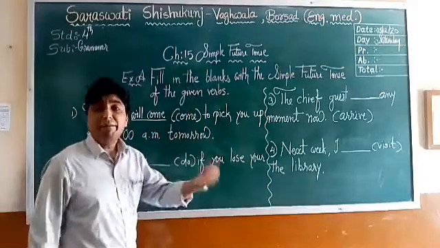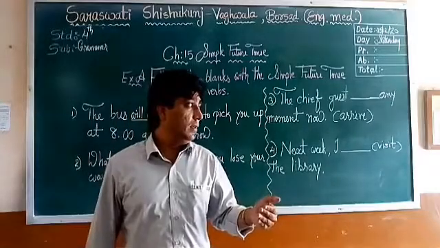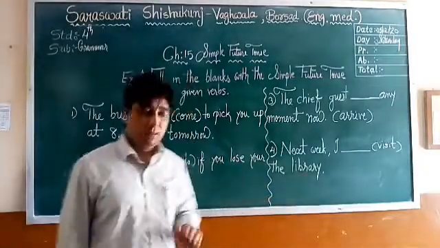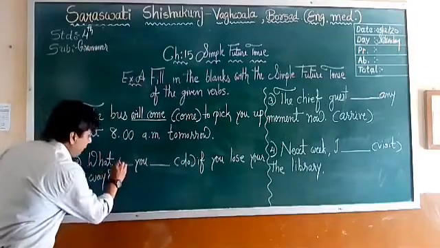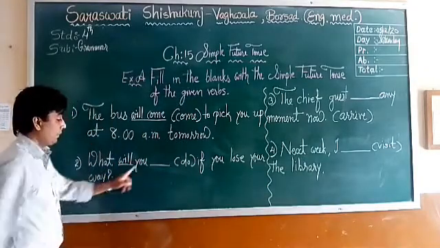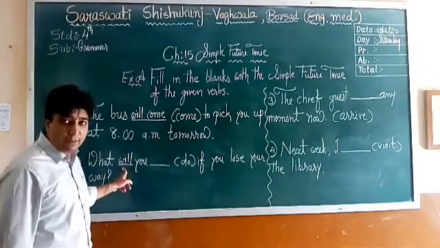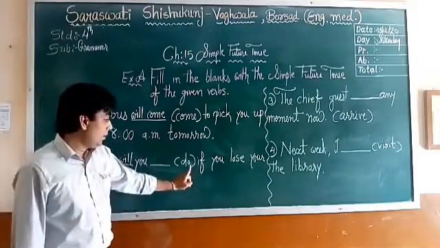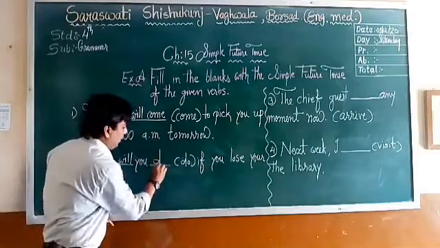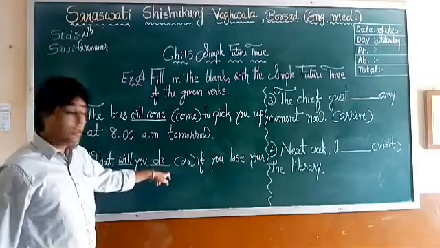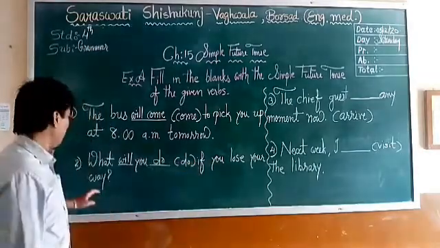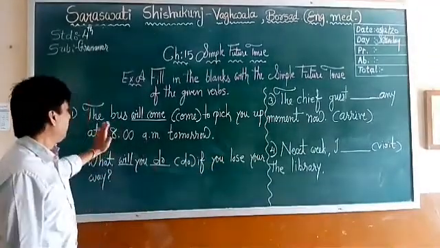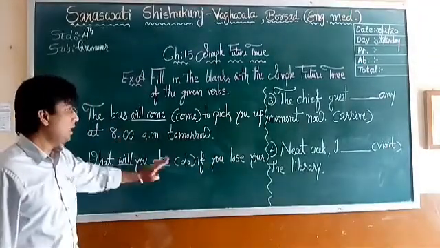What will, when will, who will, which will. So here, we will write will. Subject. Will is already used. So what should be after will? The main form of the verb, do. So we will write do. What will you do if you lose your way? Right? Here will come, will do.